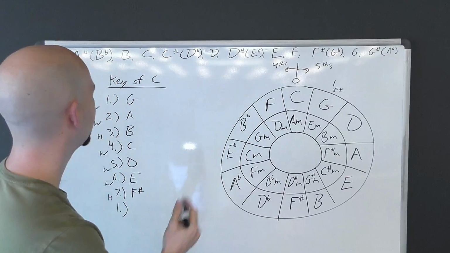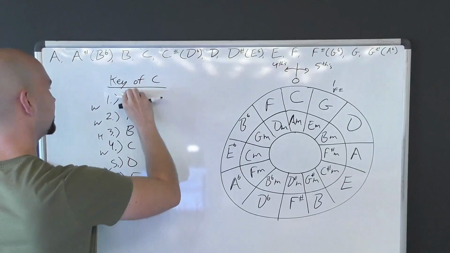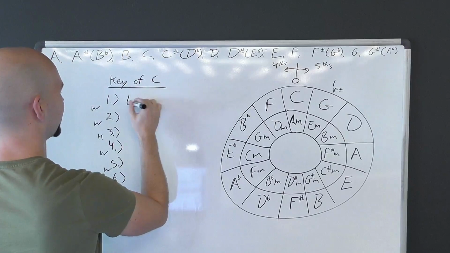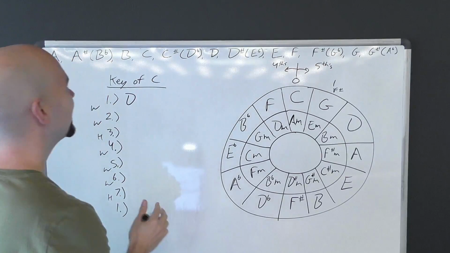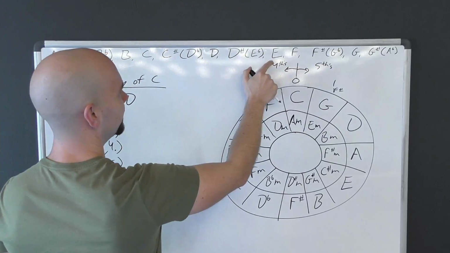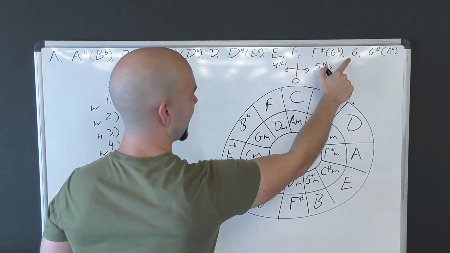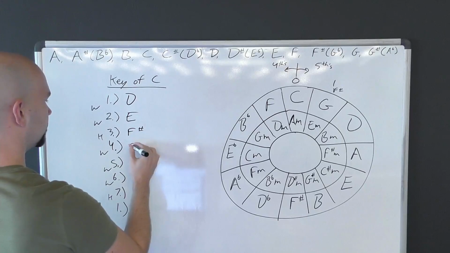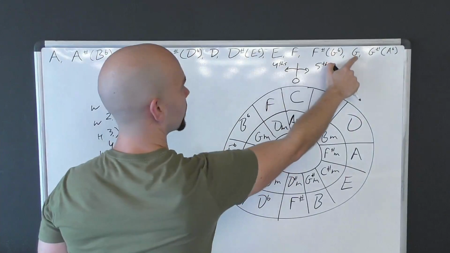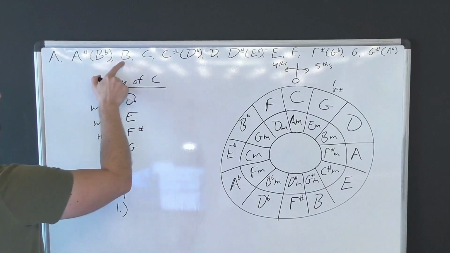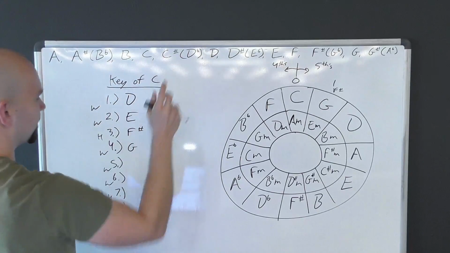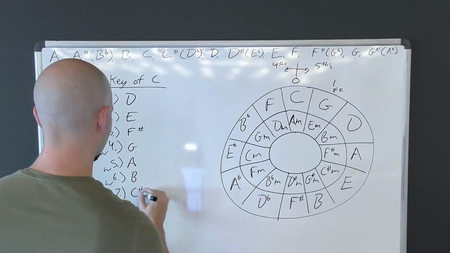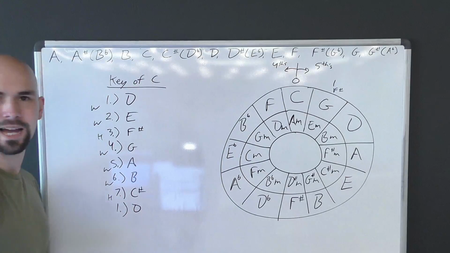All right, now if we go to the key of D, we can do the same thing. I'll do this a little bit faster every time, and eventually I won't even go through the process. So we have D, and then whole step to E, F sharp, and half step to G. And then we do whole step to A, whole step to B, whole step to C sharp, and then a half step back to D. All right, so now we have 2 sharps.